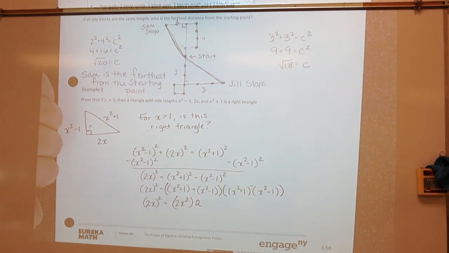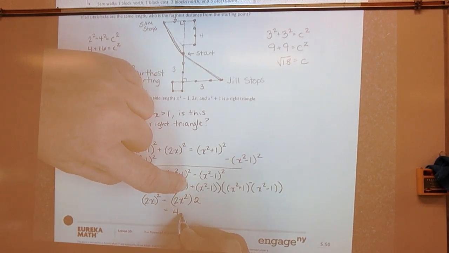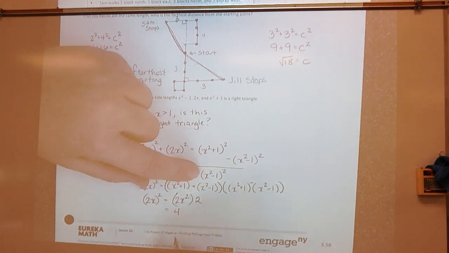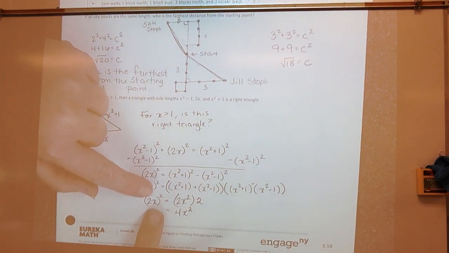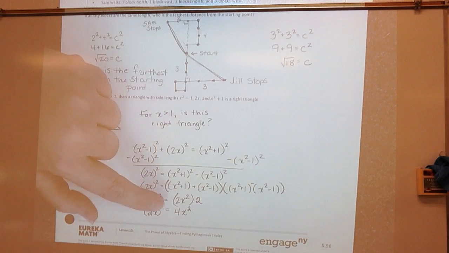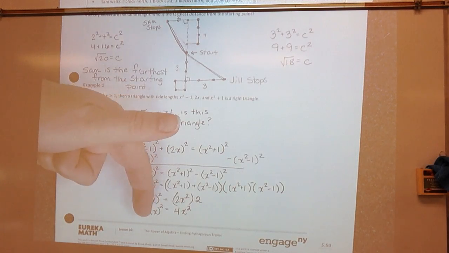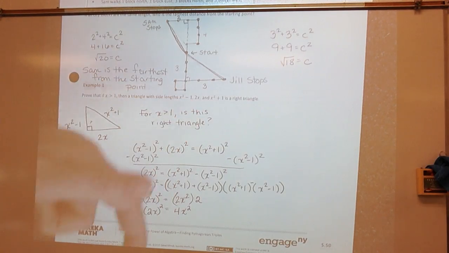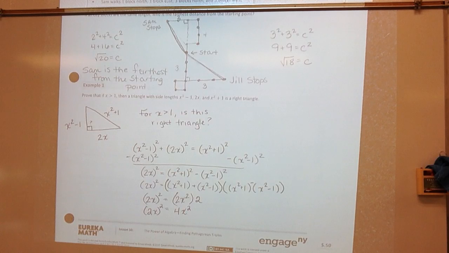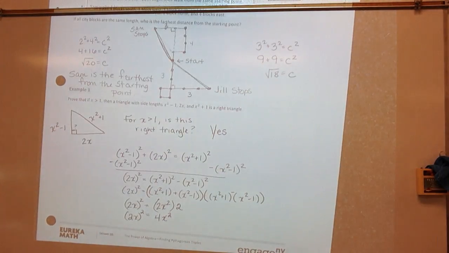Now I can multiply: 2 times 2 is 4, and I get 4x squared. Is that the same as this? Well, 2 squared is 4, and x squared is x squared. They are equal. So we have proven that 2x quantity squared is equal to 4x squared. Because they are equal, I have proven that yes, this is a right triangle.